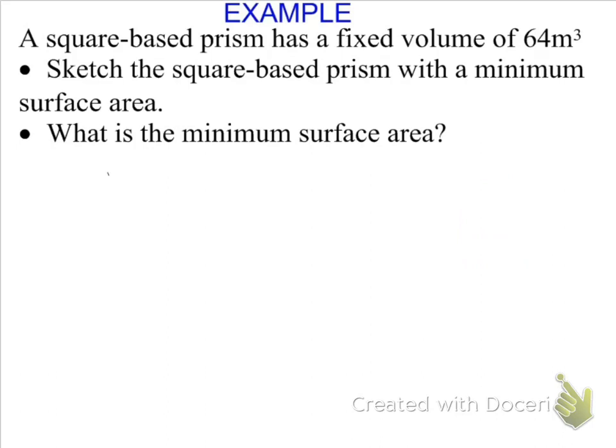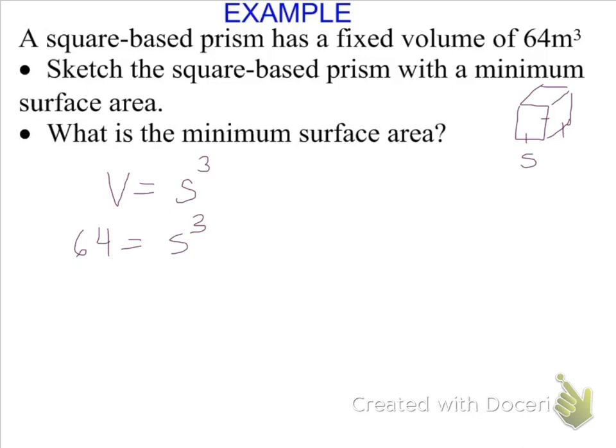We have the volume, so we use the volume formula, which is length times width times height. But because we're dealing with a cube, all those numbers are the same. So we often just pick a letter S to represent all of them. So S times S times S is S cubed. Replacing the numbers, we have 64 equals S cubed.